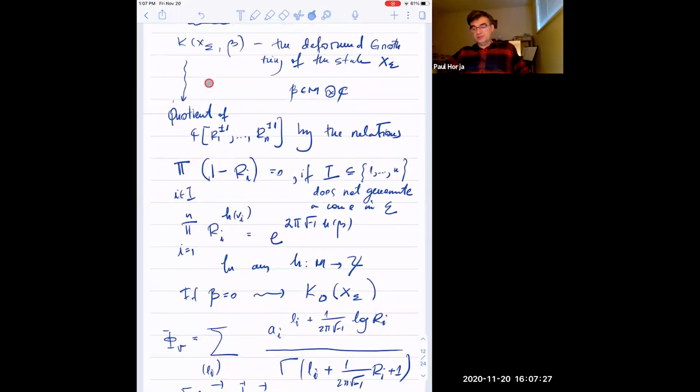This group has a very combinatorial definition, namely these R1, ..., Rn correspond to the classes of the equivariant invertible sheaves, or line bundles in the classical case. And there is some condition that if you have sets that do not generate a cone, then you put a condition that 1 minus Ri equals 0, and then some linearity conditions where the beta comes in.